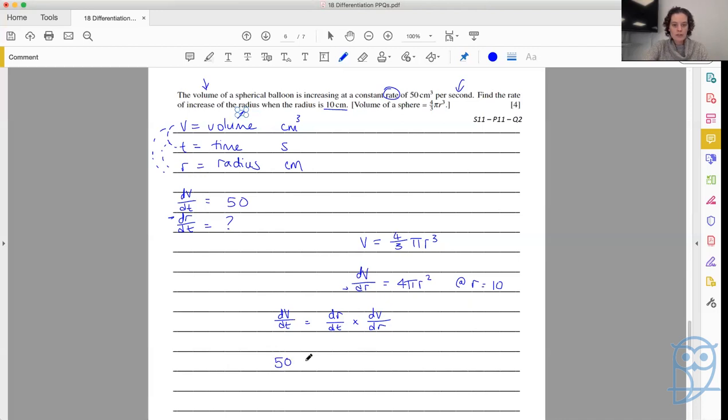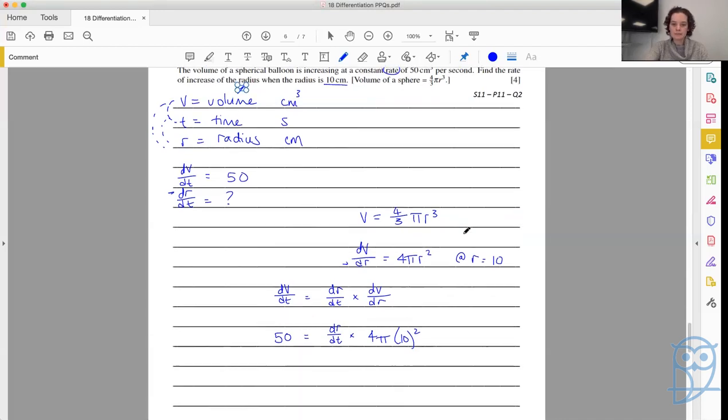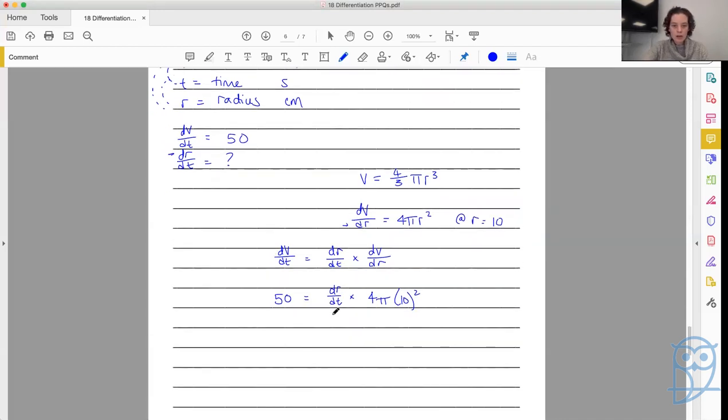So 50 equals dr by dt we're looking for, times 4 pi 10 squared. We don't want another unknown in there, and we know what r is. So dr by dt equals 50 over 400 pi.